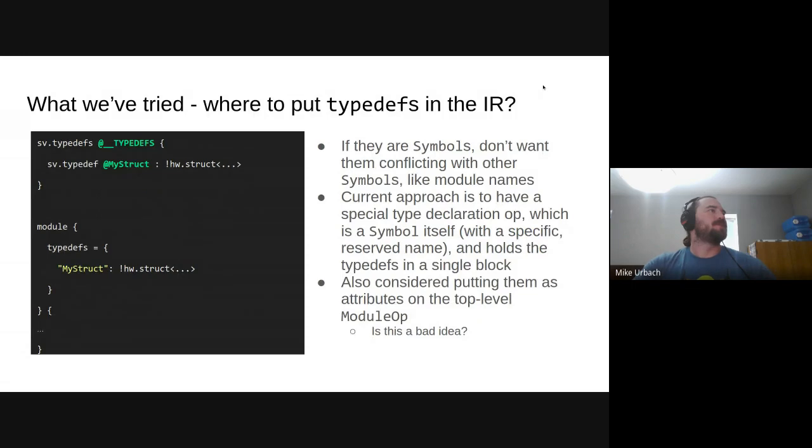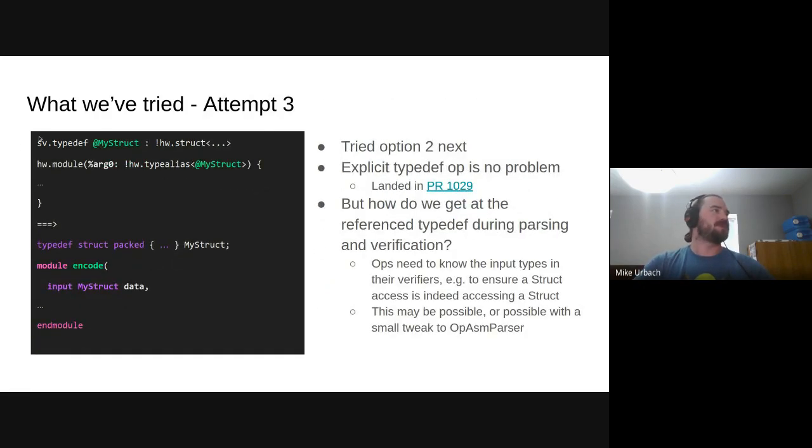Okay, so speaking of symbols, we've been trying to figure out, where does this live? How do we actually set this up in the IR? And what we tried first is, what you saw before, where there's just this operation living alongside all these other things. The problem here is our modules have names. They're like functions, so they're symbolic.